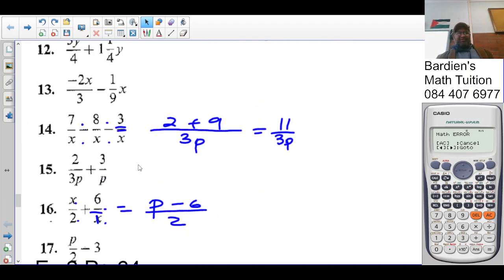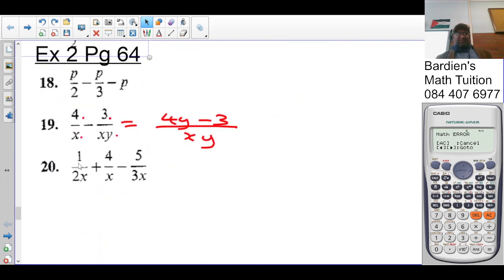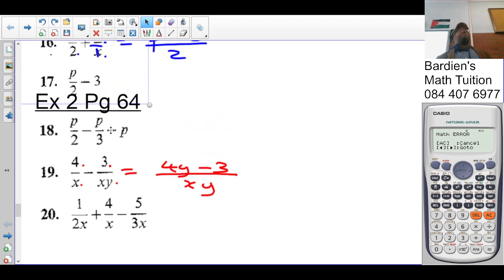Right, listen. Must I still mark this? No, that is marked if the even numbers are marked. Out of exercise 2 on page 64, is there anything I must mark there? Exercise 2? Must we mark the even numbers? Okay.